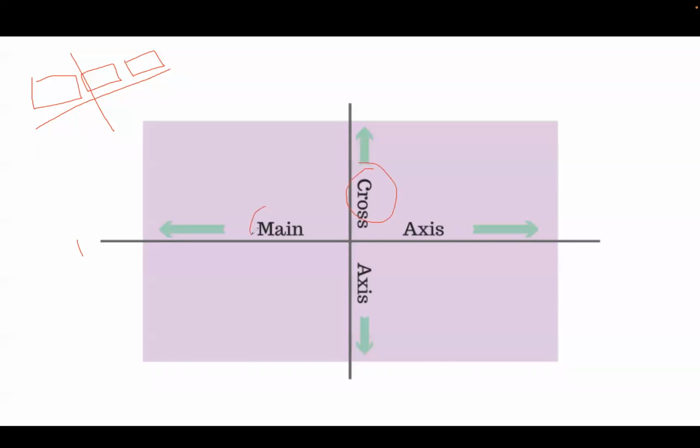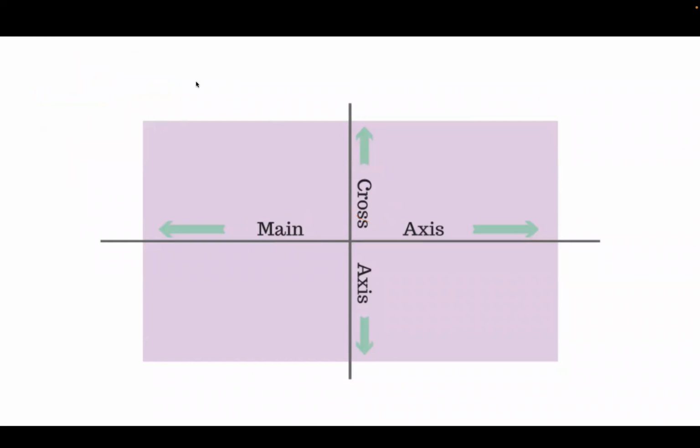So there are two axes, main axis and cross axis. And we have two things, flex container and flex item. Are we clear with this, guys? Can you tell me? All right. Was it hard? I hope not.